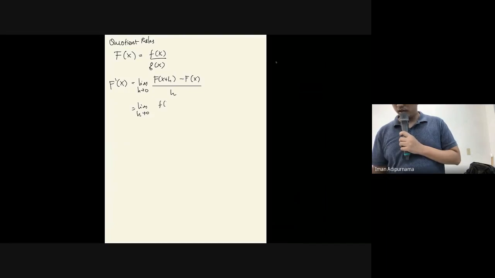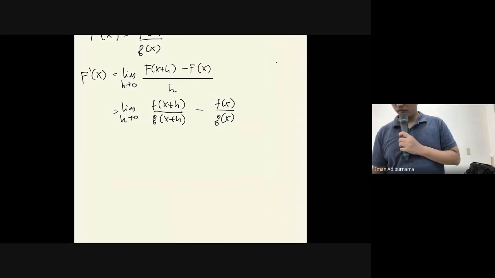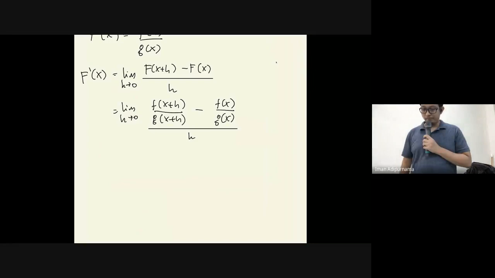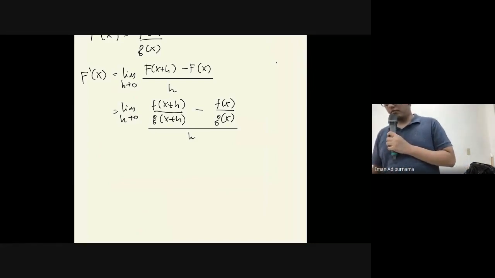Change all the big F to f and g. And then solve this rational form.